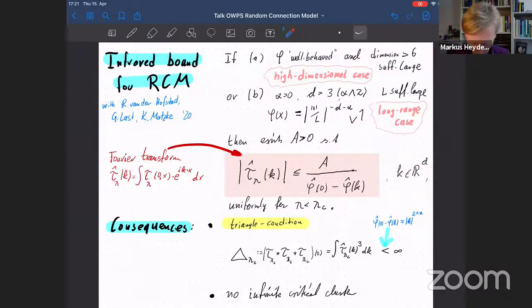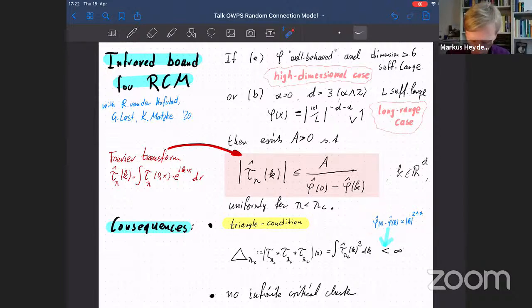Generally, when k goes to 0, under some moment assumption, the denominator, phi hat of k, behaves for k close to 0 as norm k to the square. In the second case, it depends a bit on the alpha. If the alpha is larger than 2, then it's also norm k to the 2. But otherwise, it's norm k to the alpha.